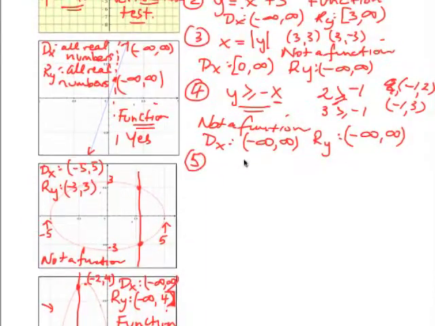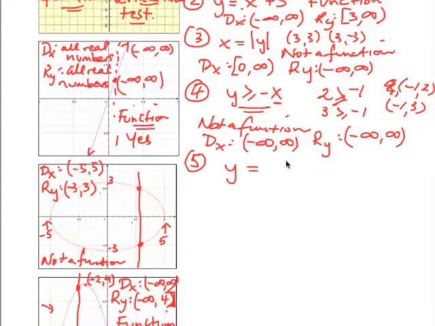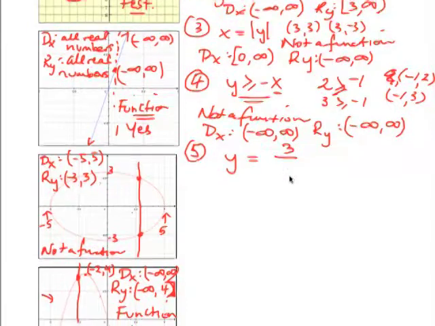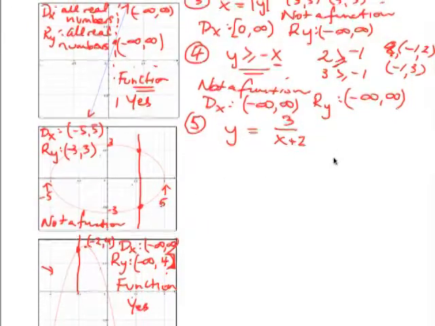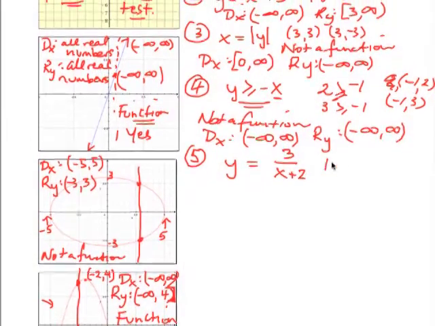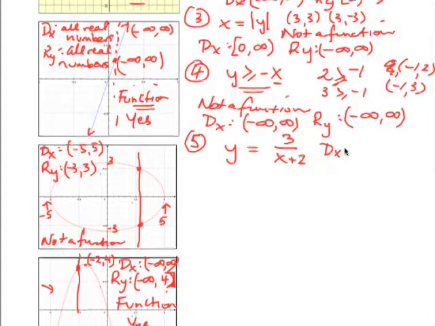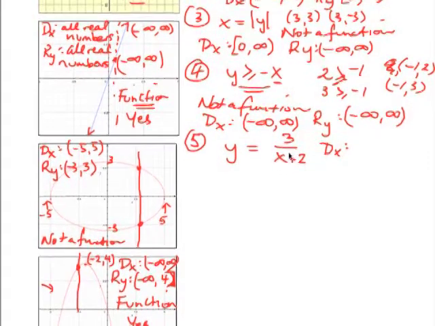Number 5, let's suppose I have y equals 3 over x plus 2. Now again, we ask ourselves, what values of x can't we have? So for the domain, I look at this and I say, this is a rational, so I'm very interested in what happens in the denominator.